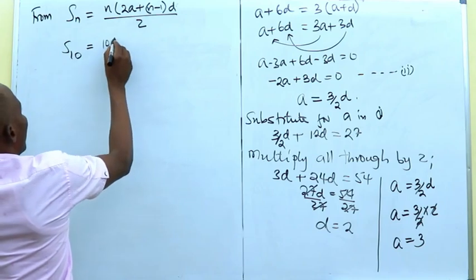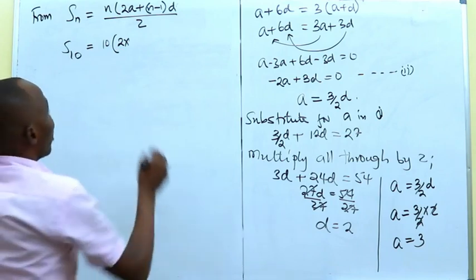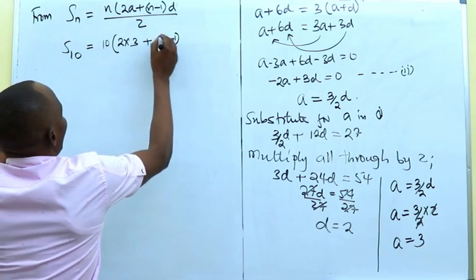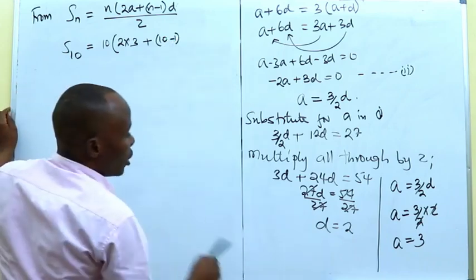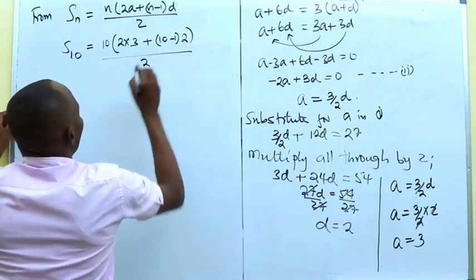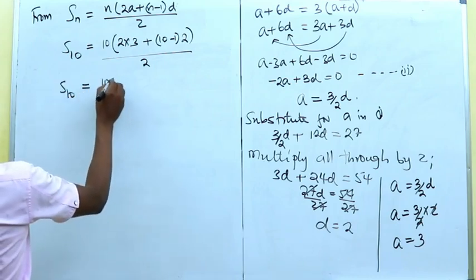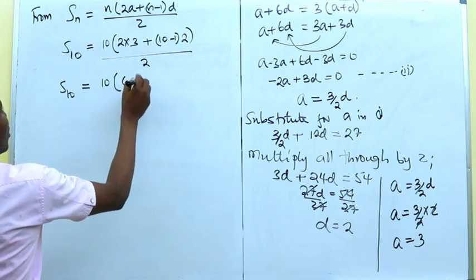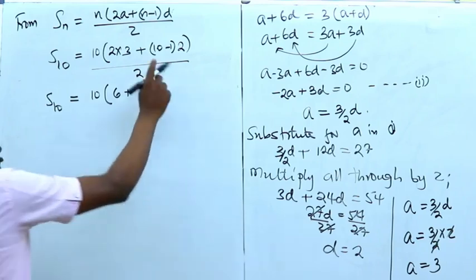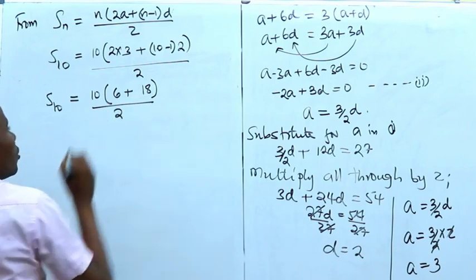So, if they are talking of S10, S10 is going to be, n is the number of terms, so that is 10 into 2 times a, we've just calculated the a and it is 3, plus 10 minus 1 into the value of d, we've also calculated it and it was 2. Everything is over 2. So S10 is going to be 10 into, this is 6. Now you have 10 minus 1, you get 9. 9 times 2 gives you 18, all over 2.